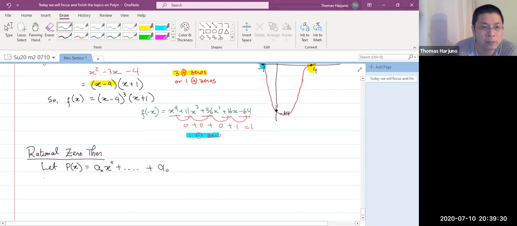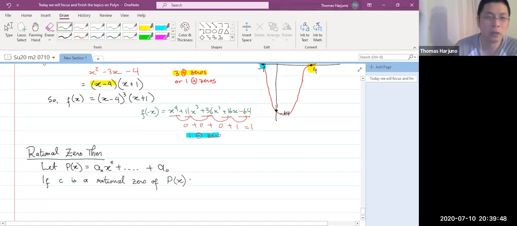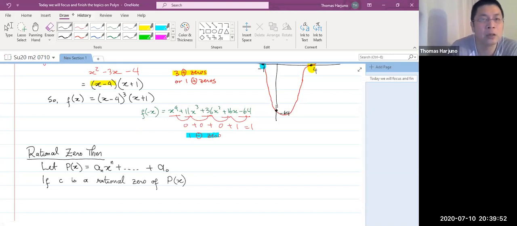Now it says the following: if c is a rational zero of P of x, of that polynomial, a rational zero means c can be written as a fraction.